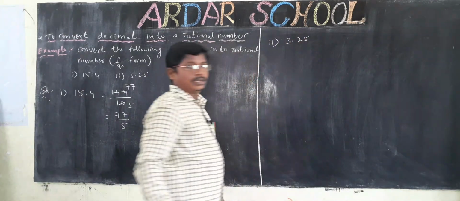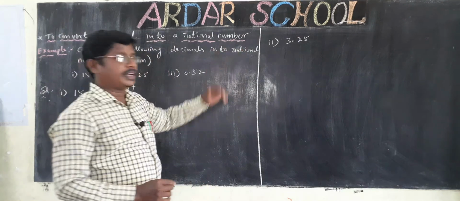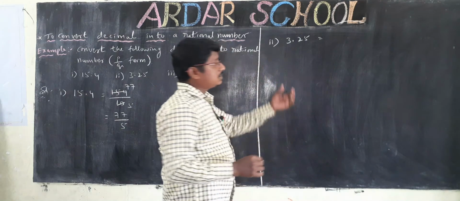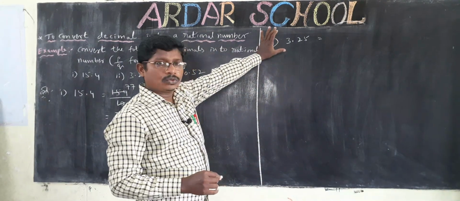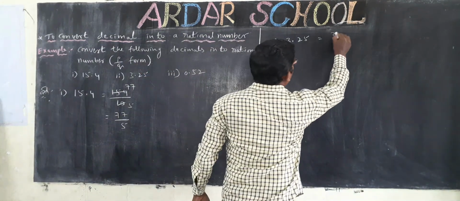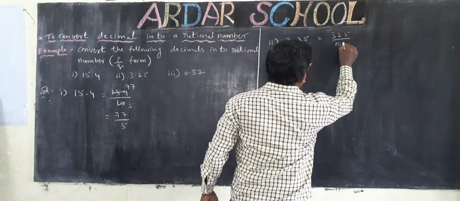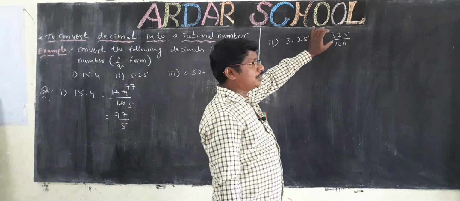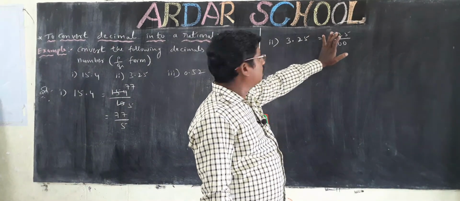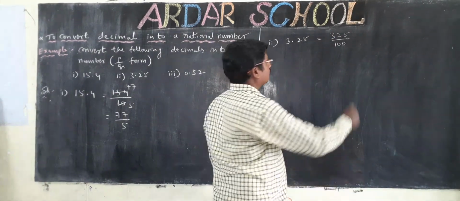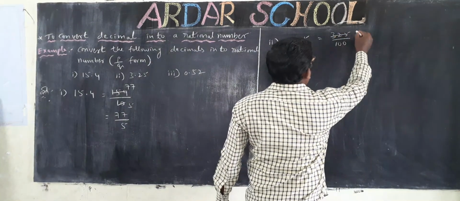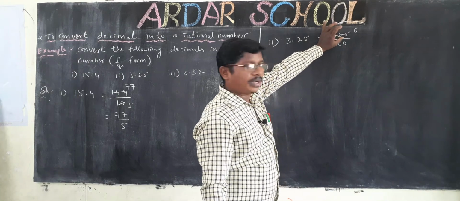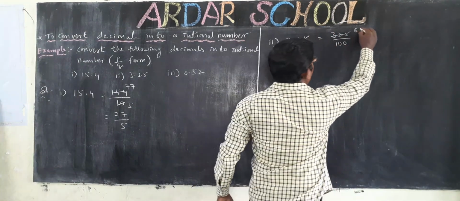Next, the second sum, 3.25. 3.25 is also a terminating decimal. How to convert it into P by Q form? 3.25 can be written as 325 by 100. Now cancel the numerator and denominator by 5. 5 sixes are 30, 2 is remainder, take 5, 25, 5 fives are 25.